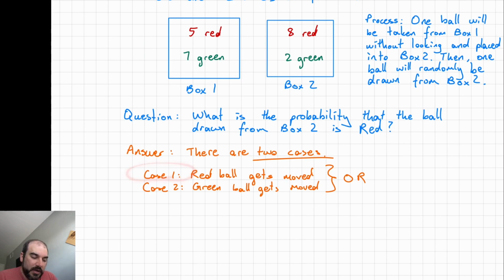So in case 1, we have to find the probability that a red ball gets moved, and then a red ball is drawn from the second one. And in the other case, we have to find the probability that the green ball gets moved, and then a red ball is drawn from the second one.